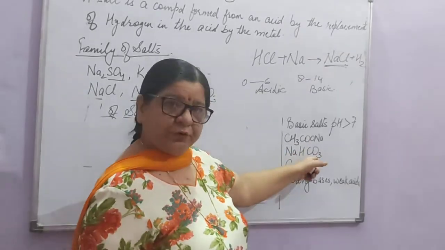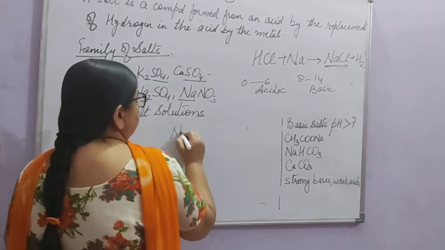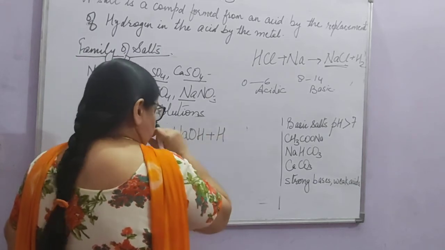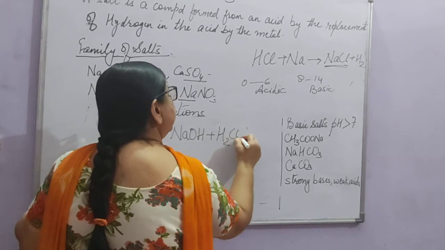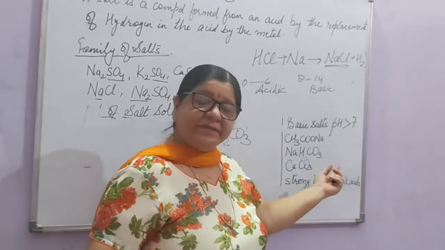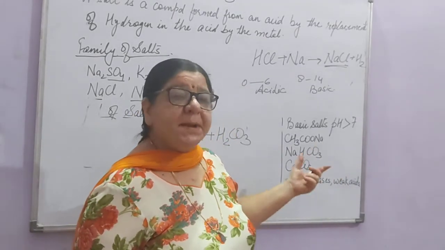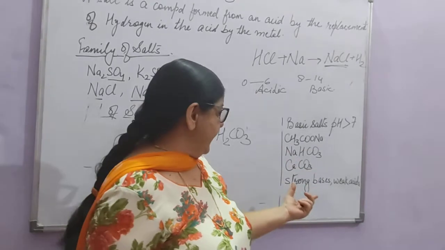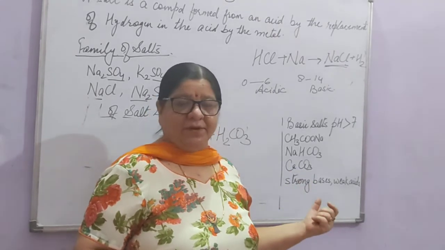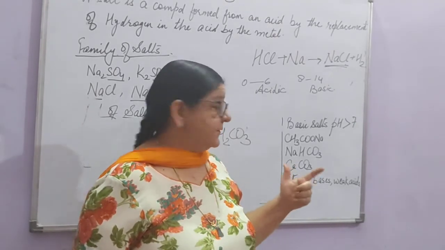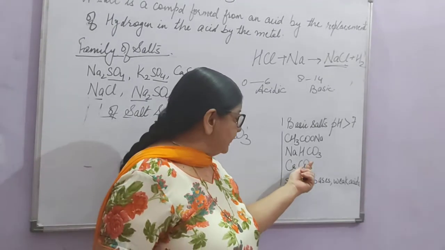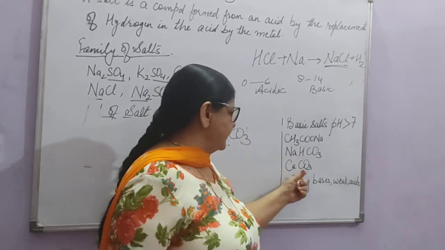Then NaHCO3. NaHCO3 means sodium hydroxide, NaOH, plus H2CO3, right? Carbonic acid, which is a weak acid, it will result into a salt of a strong base. Then CaCO3, that means a combination of calcium hydroxide, that is a strong base, plus H2CO3, right? So here this is HCO3 and this is H2CO3.